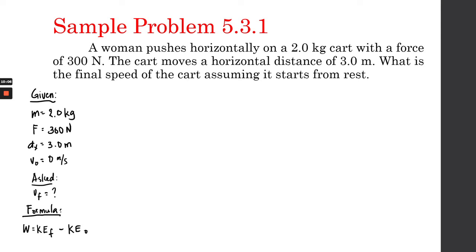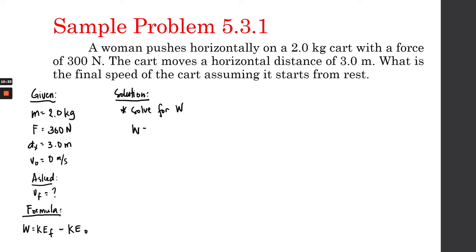Let's do the solution. Since we know this is our equation, and what we're looking for is Vf, the missing part is in the kinetic energy. So what we have to do first is solve for work.